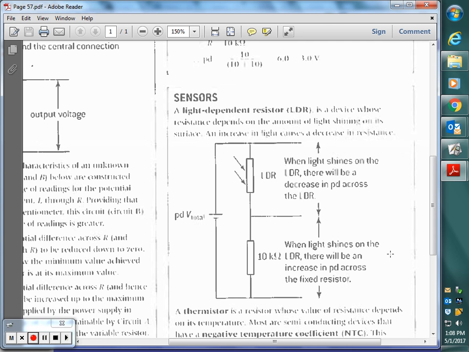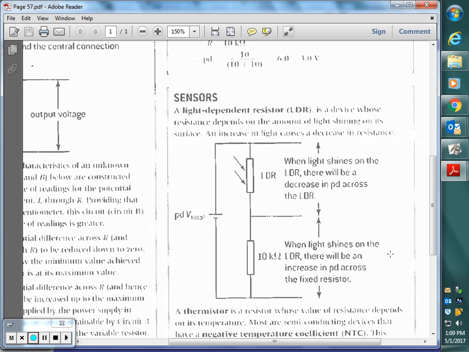When the room is dark, resistance is high here. This light bulb doesn't work because not enough current flows through it. Does that make sense? When light goes on, sorry, other way around. When the light goes on, flip it around.